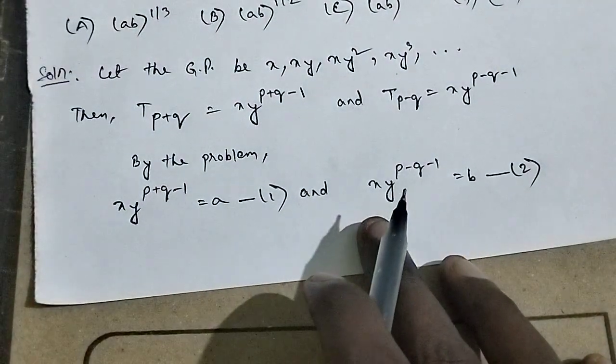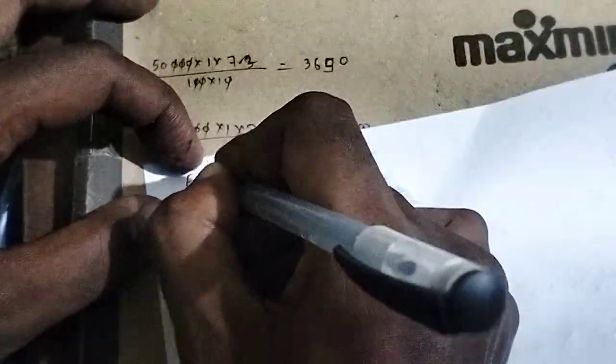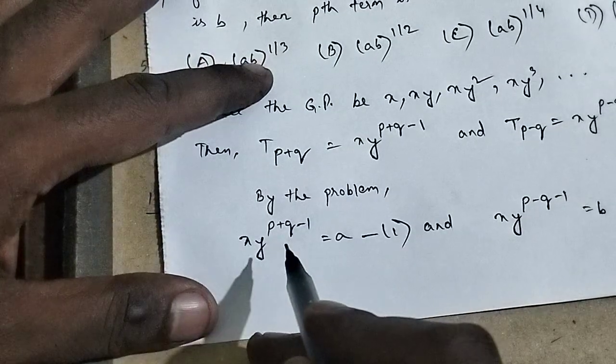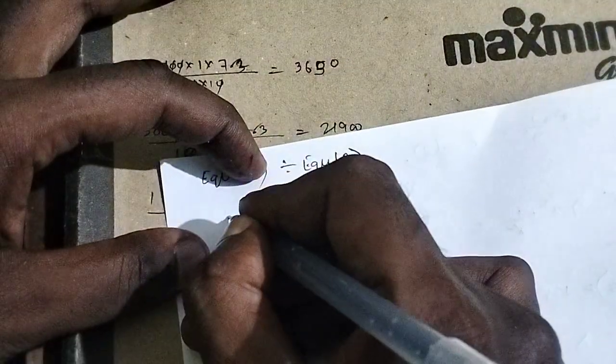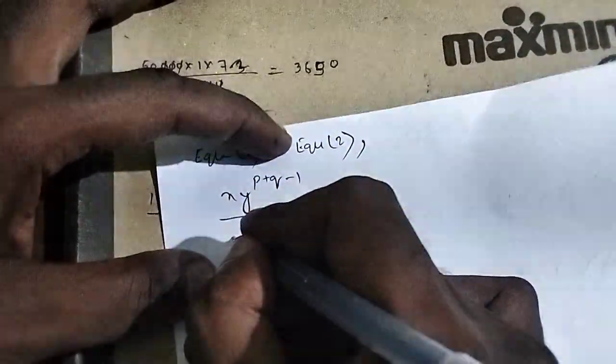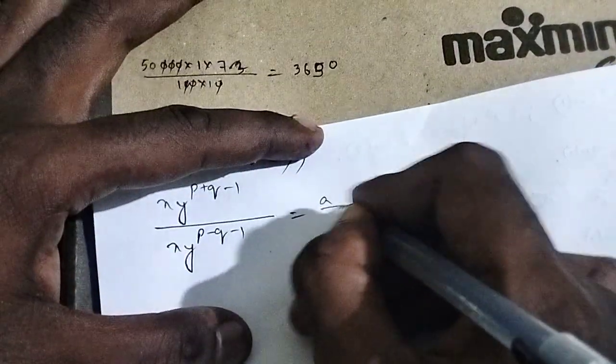Now, what will I do? Equation 1 divided by equation 2. What was equation 1? xy to the power p plus q minus 1 by xy to the power p minus q minus 1 is equal to a by b.